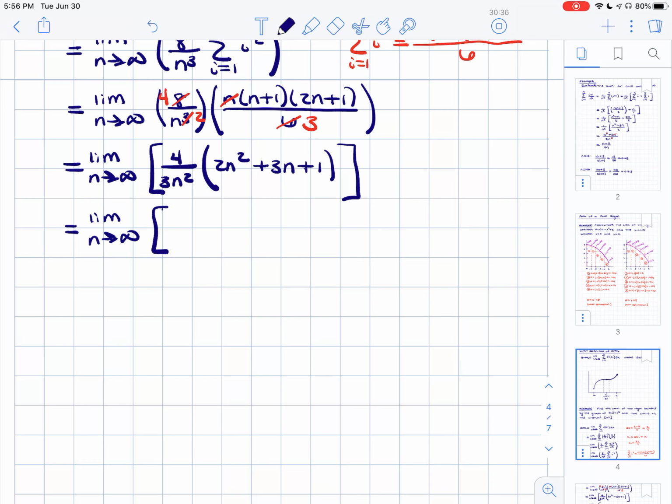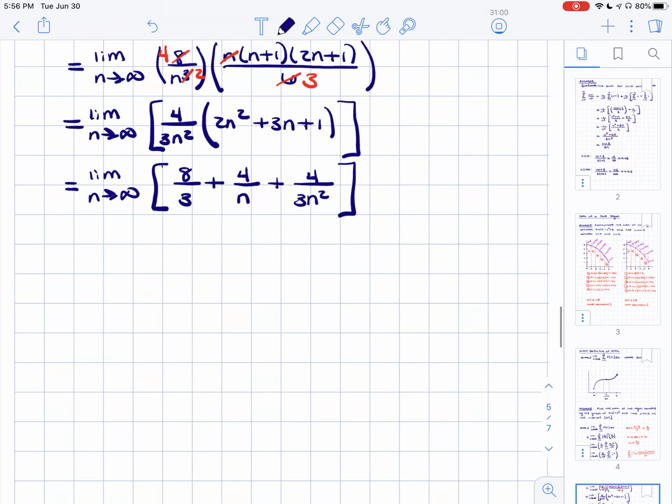All right, so this would be 8 over 3 plus, this next term would be 4 over n, and then plus 4 over 3n squared.